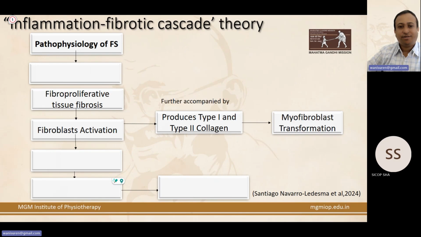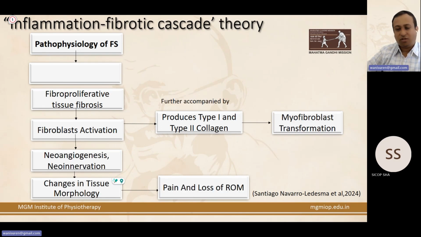One theory, explained by some authors recently to explain the pathophysiology of adhesive capsulitis, is the inflammation fibrotic cascade theory. The pathophysiology of frozen shoulder can be explained by chronic inflammation leading to proliferative tissue fibrosis.